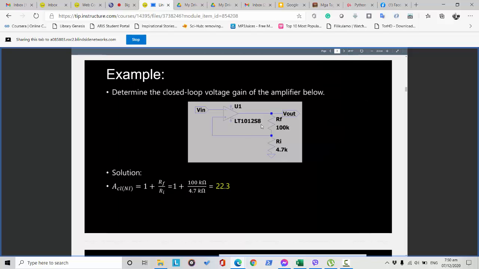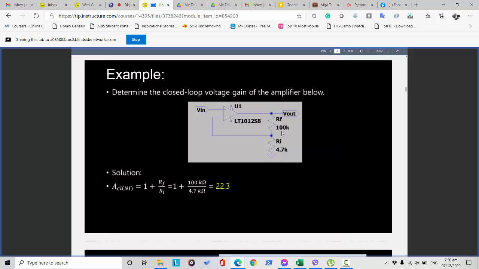Okay? So as an example, we have here a non-inverting amplifier. We are asked to determine the closed loop voltage gain of this particular amplifier. As you can see, the non-inverting amplifier here is connected to the output voltage, so we have the feedback circuit here.